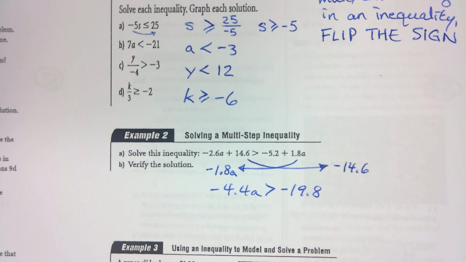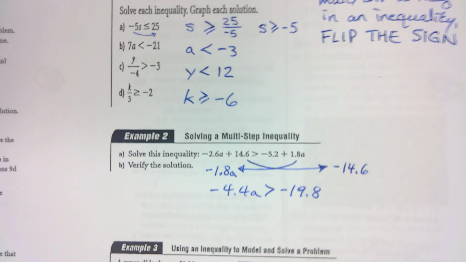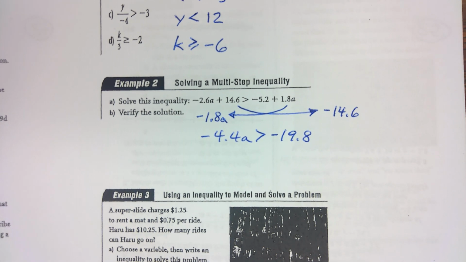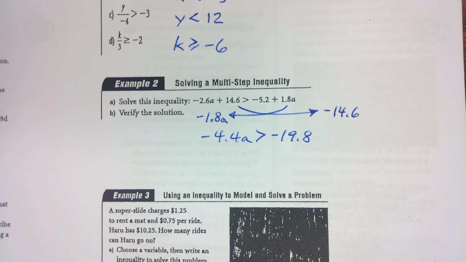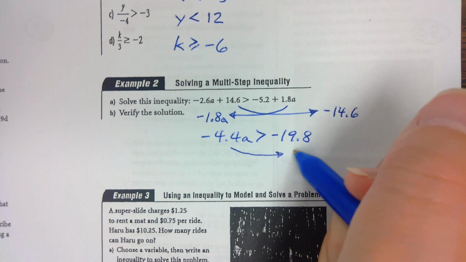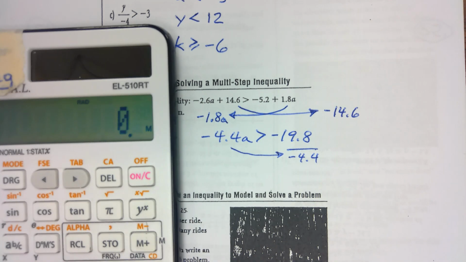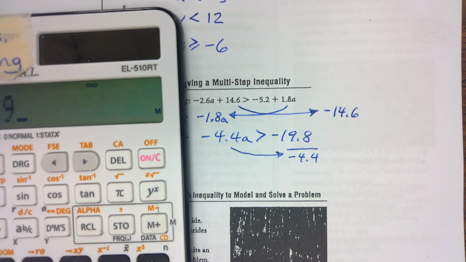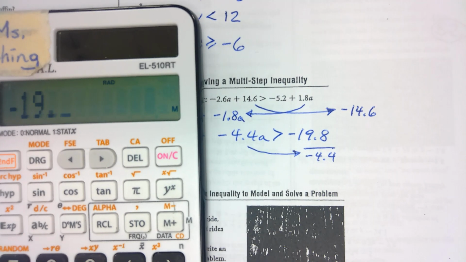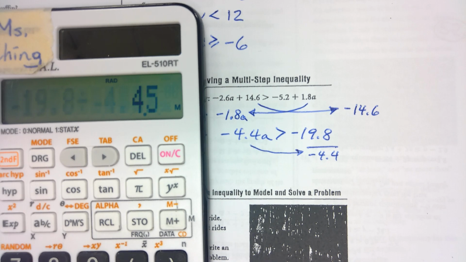What do I do next? I want a by itself, so I'm kicking that -4.4 away by dividing. So -19.8 divided by -4.4, I get this.